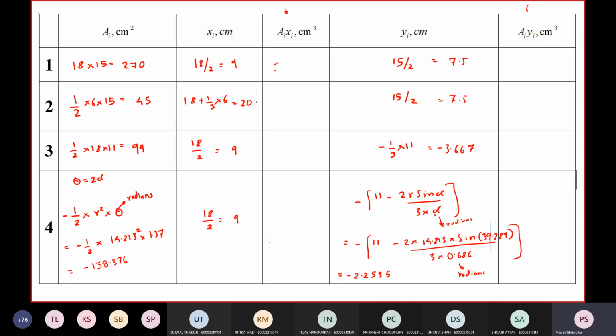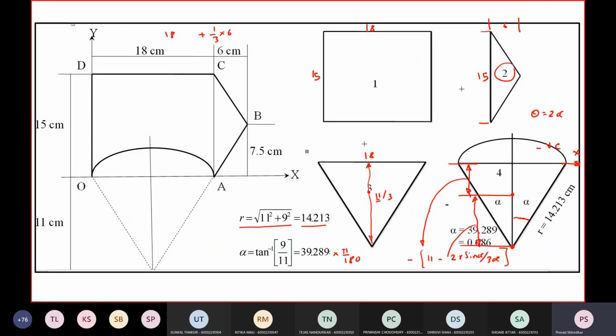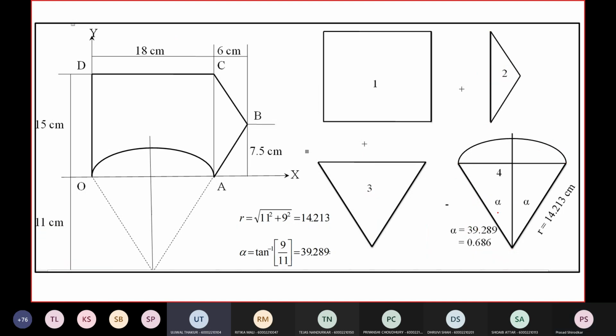Sir, I had a doubt. While calculating the centroid for a sector, the angle is the entire angle, right, on both sides? The half angle from the x-axis. This angle is half, tan inverse 9 by 11.